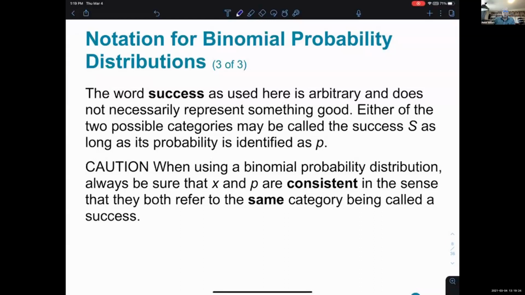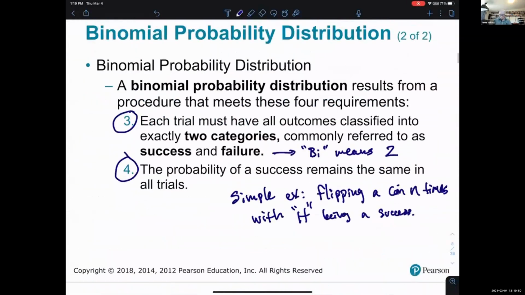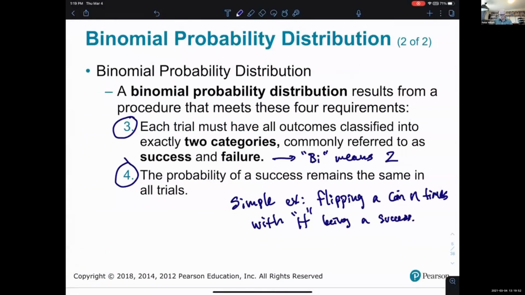Yeah. Once you know, when you roll the dice, what the chance of getting an even is, it may not be 50-50. It might be 40% or something like that. But once you know that, that's not going to change every time you roll the dice. The chance to get an even when you first roll the dice is going to be the same as the chance to get an even on the second roll or the third roll. So what number 4 is saying there, the probability of a success remains the same in all the trials.